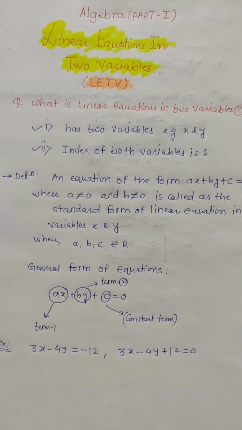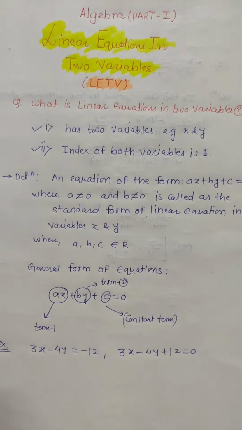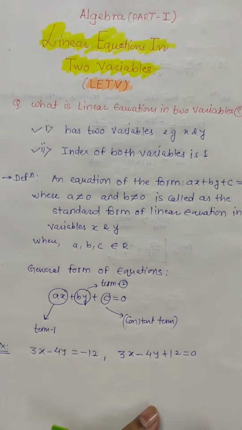An equation which contains two variables and the degree of each term containing a variable is 1 is called a linear equation in two variables. Suppose ax plus by plus c is equal to 0 is the general form of the linear equation in two variables, where a, b, c are real numbers and a, b are not equal to 0 at the same time. So therefore, complete the activity.